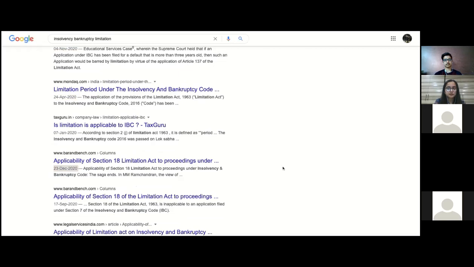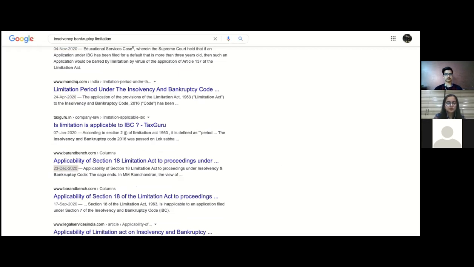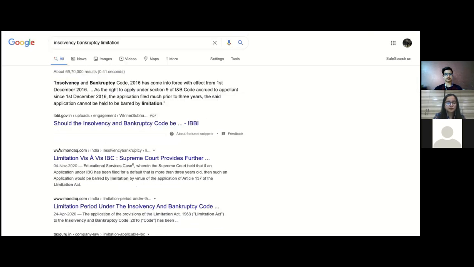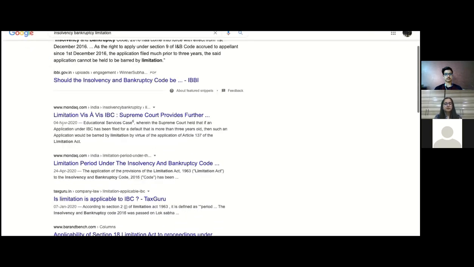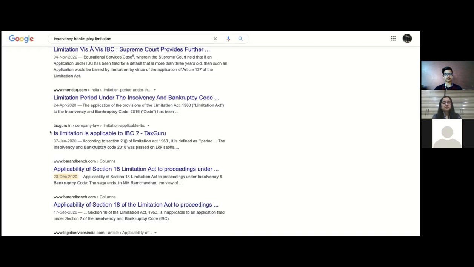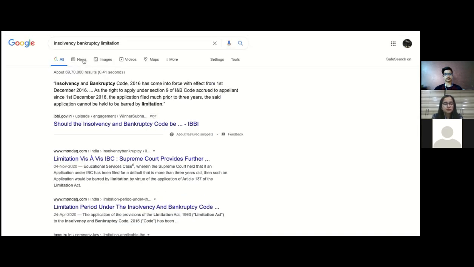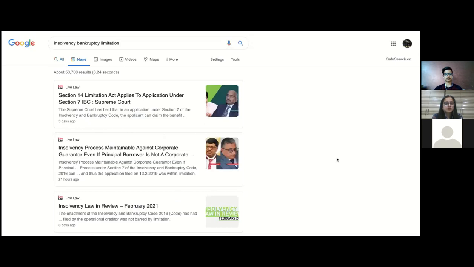But you need to understand, on 22nd of March, the Supreme Court decided and gave a very important judgment on this subject. What you can see from simple Google research is that they are showing you articles of November 2020 basically. What you do is go into News. What do you find here? You find the latest judgment that there is.